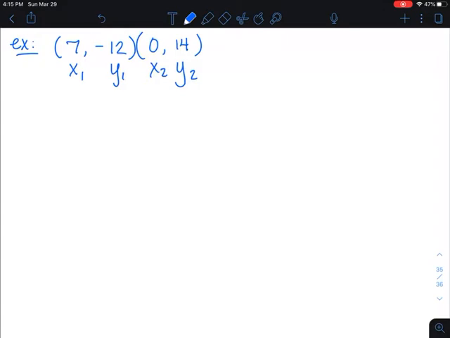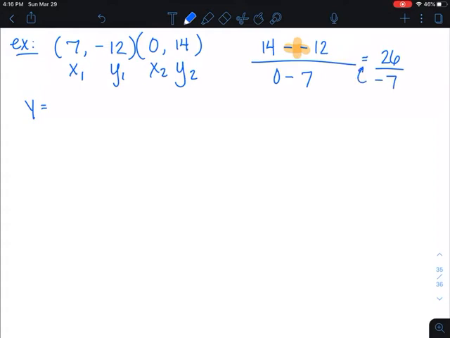So first, find the equation in slope-intercept form. So y equals, first find m, y2 minus y1, so we have 14 minus -12 over x2 minus x1. This becomes adding. 14 plus 12 is 26. 0 minus 7 is -7.